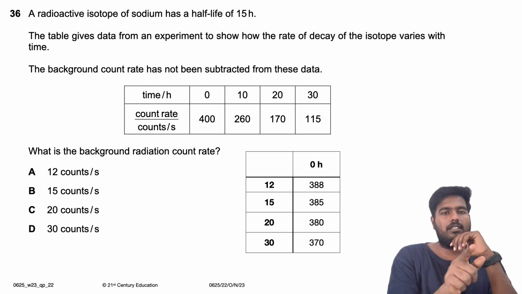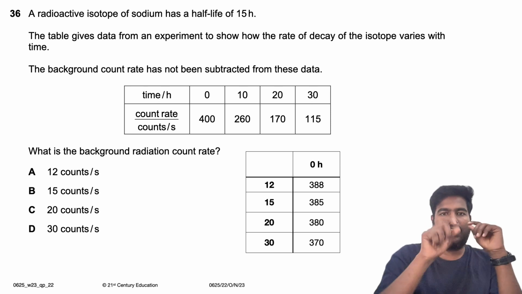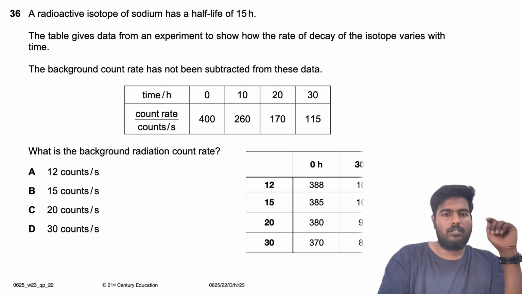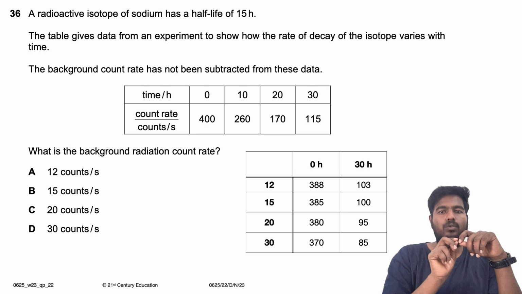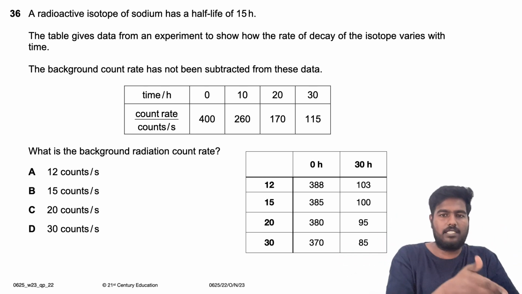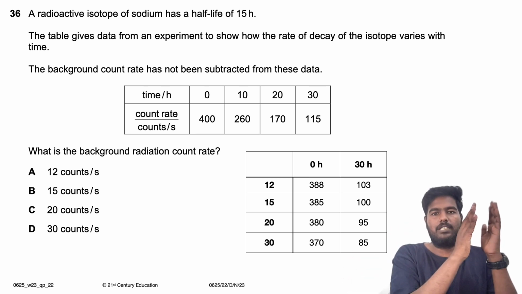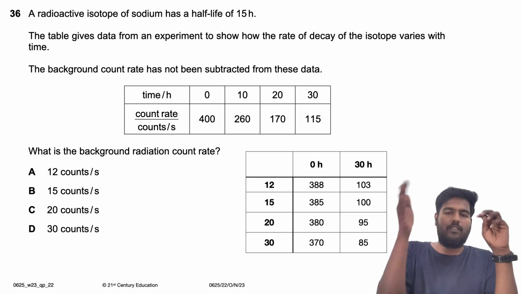In the table, at times 0, 10, 20, 30, we can select 30 because that's a multiple of the half-life. So 30 hours is 2 half-lives completed, meaning the initial value should be divided by 4. For example, initially 100, after the first half-life it's 50, after the second half-life it's 25.